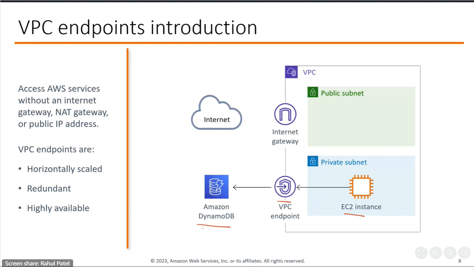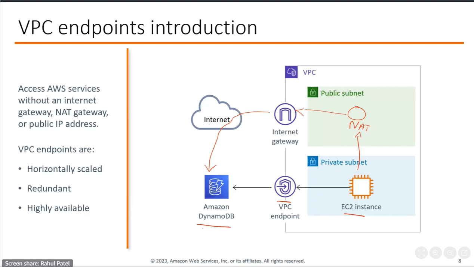Otherwise, if the VPC endpoint is not here, the traffic will go to the public subnet, where we have a NAT gateway. It will go to the NAT gateway, then to the internet gateway, and through the internet it will reach DynamoDB. This is what happens if we are not using a VPC endpoint.